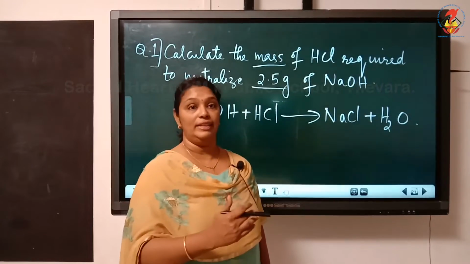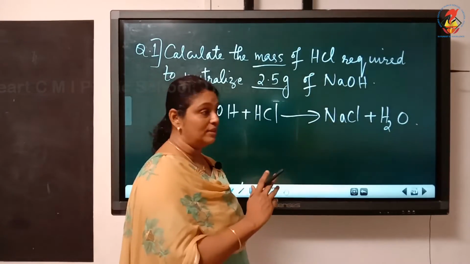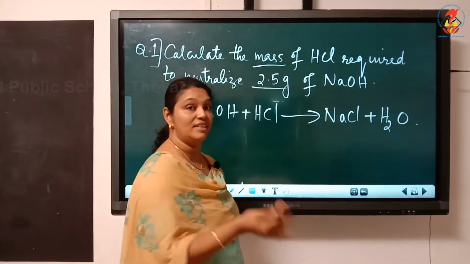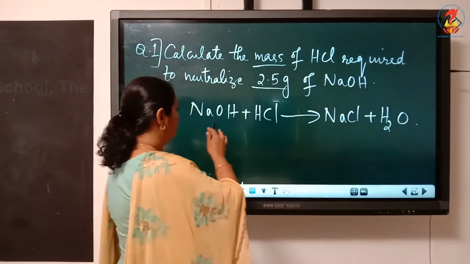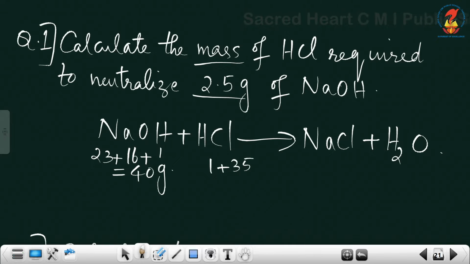So, first we will write, according to this balanced equation, what mass of hydrochloric acid is required to neutralize what mass of sodium hydroxide. The molecular mass of sodium hydroxide: sodium atomic mass is 23 plus oxygen is 16 plus 1, which is equal to 40 gram. Hydrochloric acid: 1 plus 35.5, which is equal to 36.5 gram.